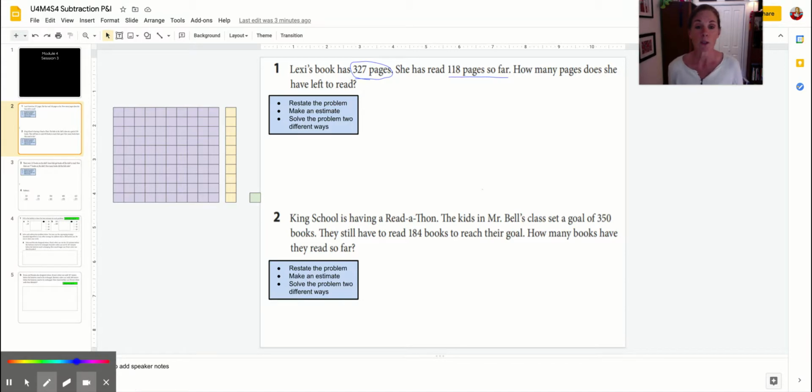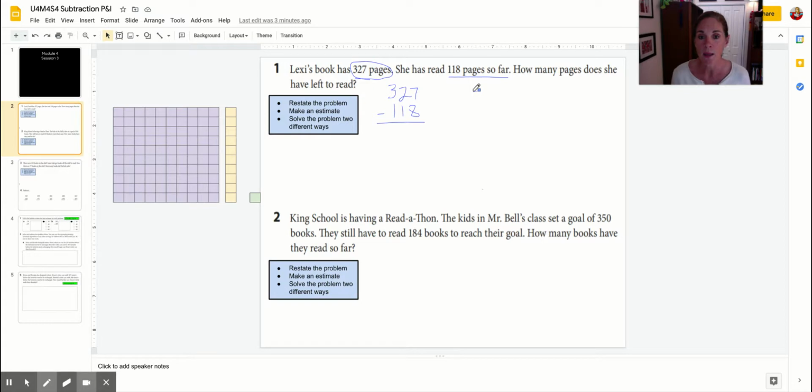Actually, the very first thing that I want to do is make an estimate, a guess. If our problem is 300, we'll write it in the up and down traditional way: 327 minus 118. That will give us how many pages she has left.